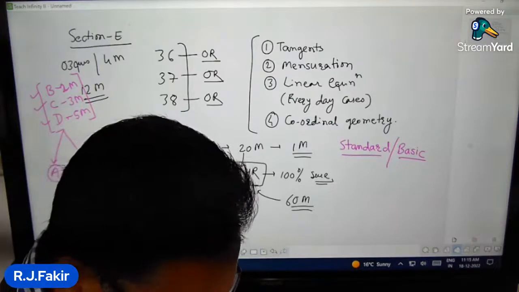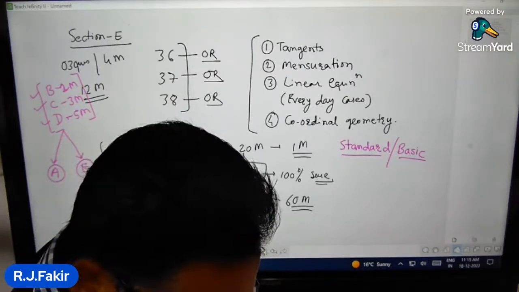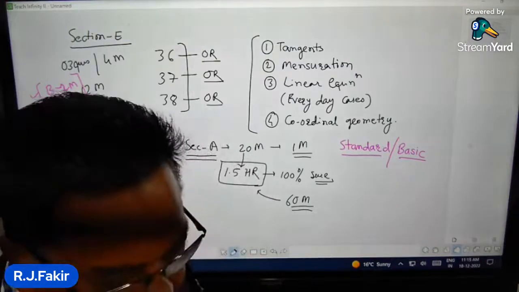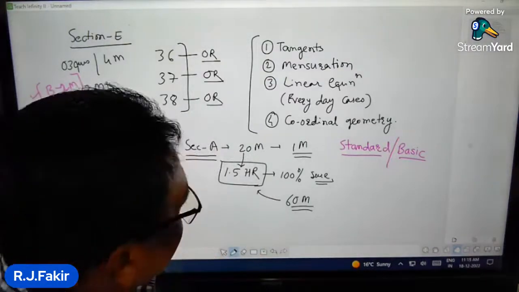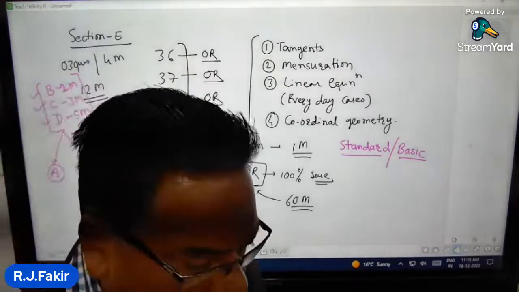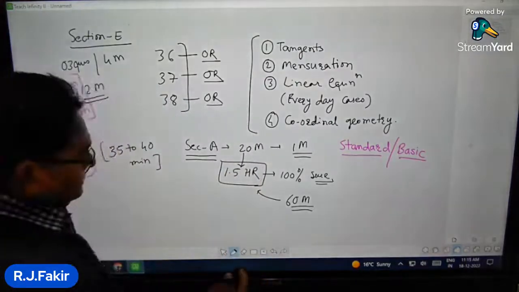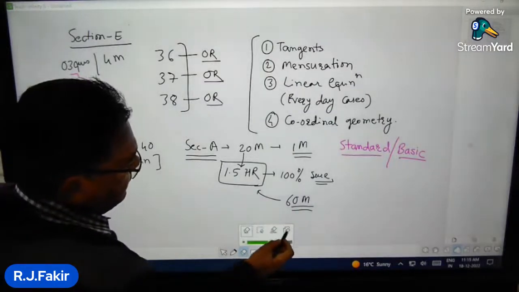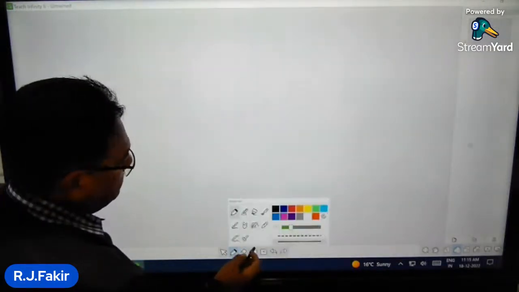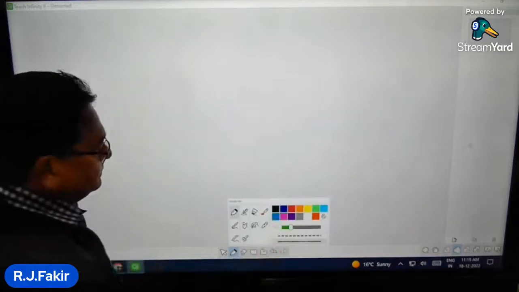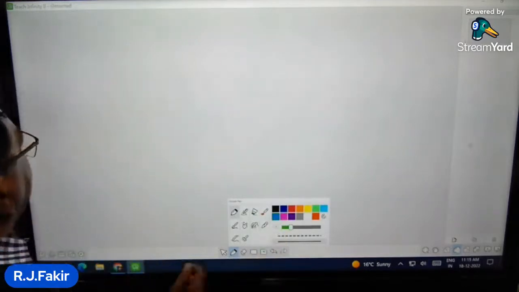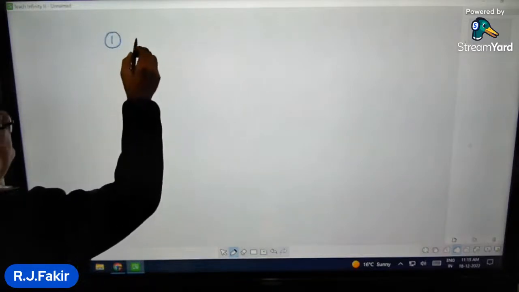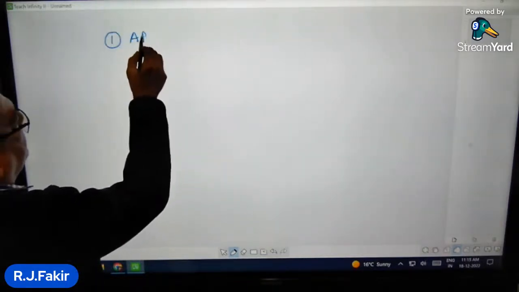Okay, so we can now take some of the examples where we generally make a mistake. So I will come to that point. Like the first question generally the students ask is about AP, arithmetic progression.